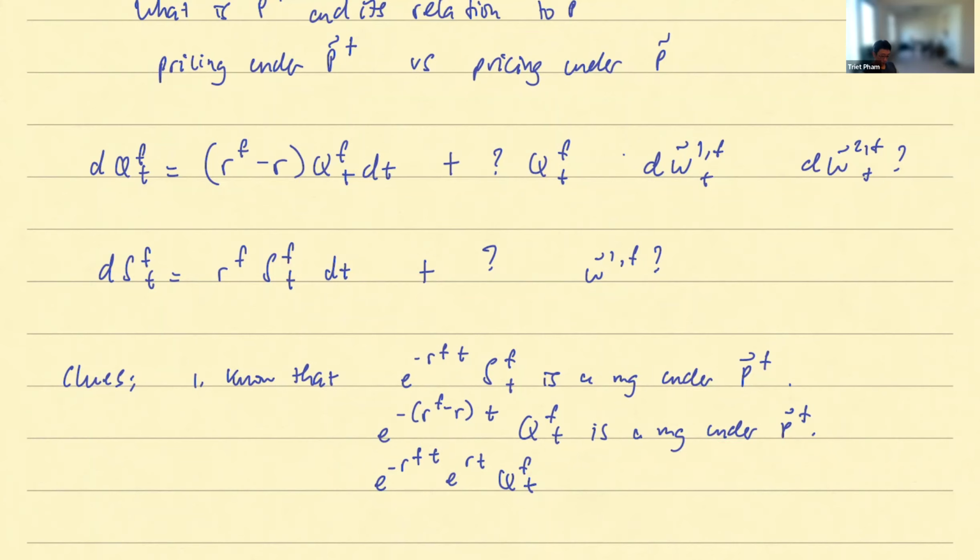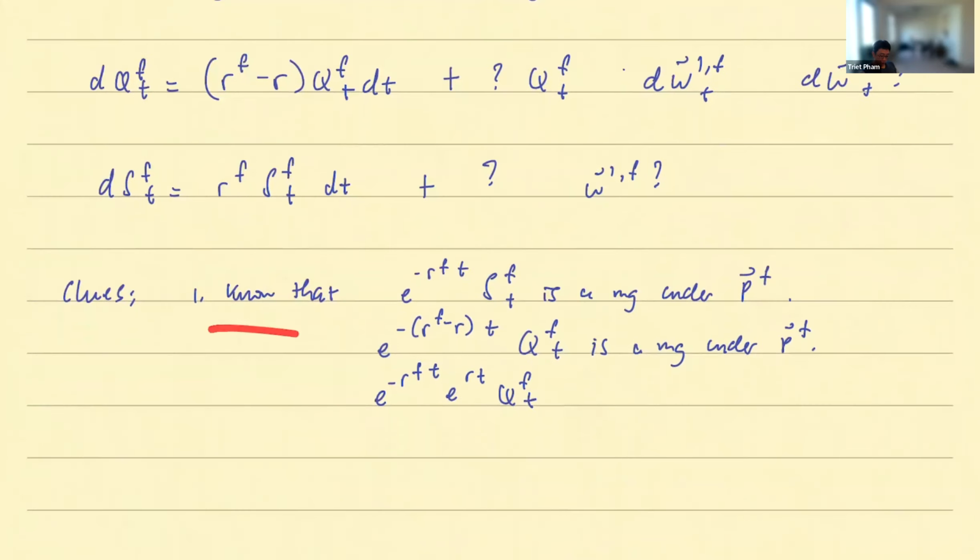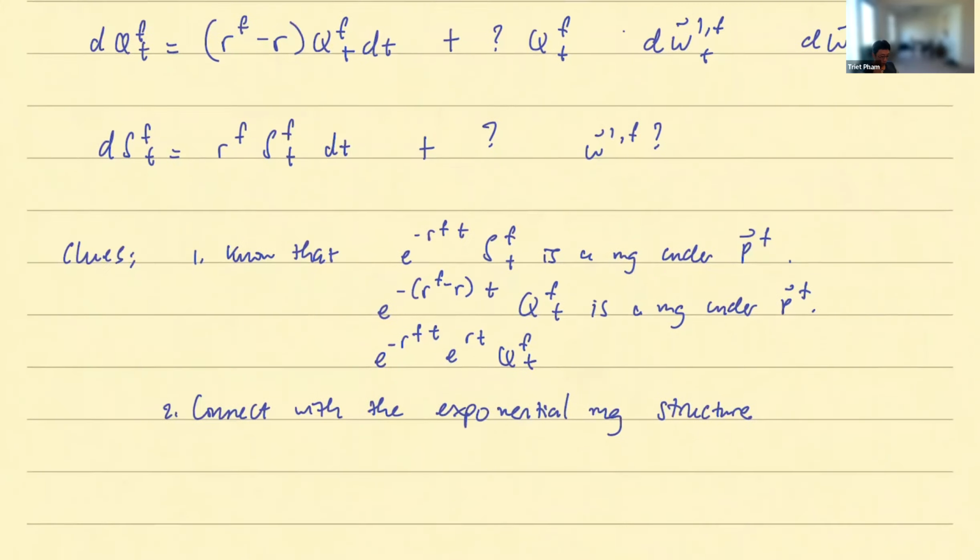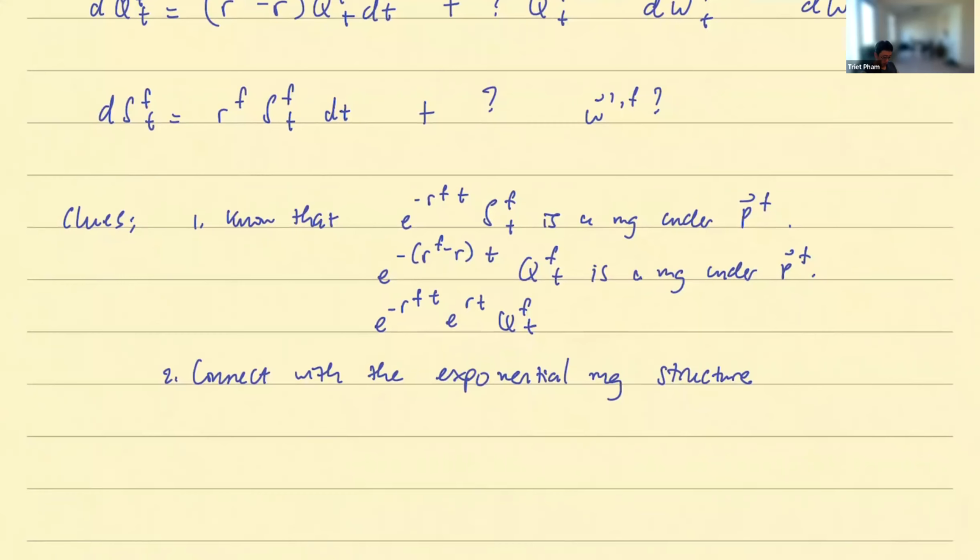Why would this be important knowledge? The reason is you can connect it with the exponential structure. I kind of talked about this last time. What that means is Ito's formula tells you something very basic like this.